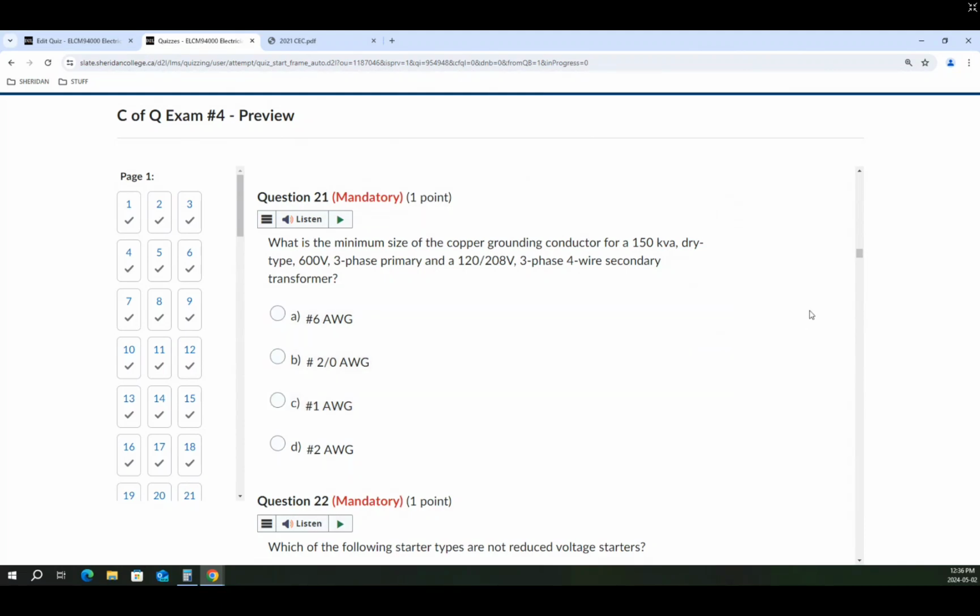What's the minimum size of copper grounding conductor for 150 kVA, dry type, 600 volt, 3-phase primary, 120/208 volt, 3-phase 4-wire secondary transformer?